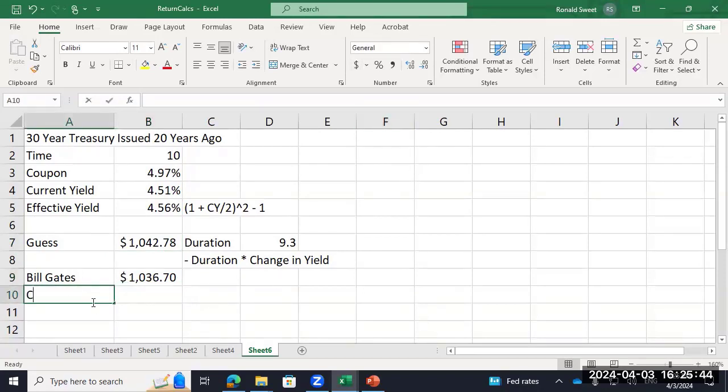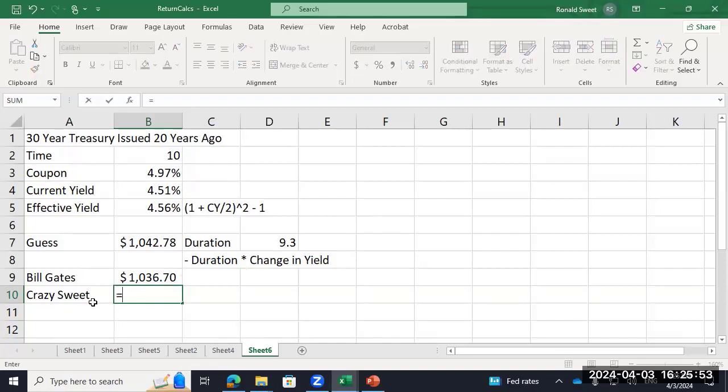Then you've got the crazy one. I doubt any of y'all can do this on the exam, but boy, I'd be impressed if you did. So here you say, wow, you know what? I'm going to get this cash flow, 24.85. And let's say I get that for all of eternity. So I divide that by the yield divided by 2.